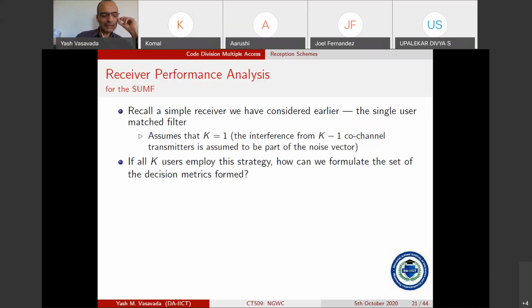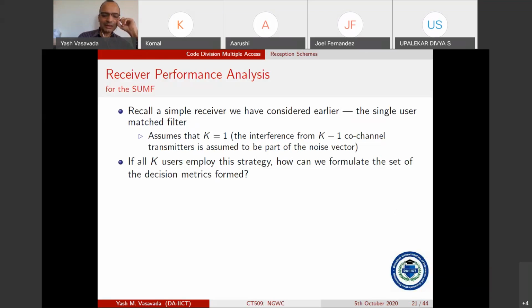For the same user, S Hermitian S gives us what? We just went over, the energy of the signal. And what is that? A_k squared. No, unity. Cos theta, the integral of s_i(t) times s_j(t) will be cos theta, the angle between them.